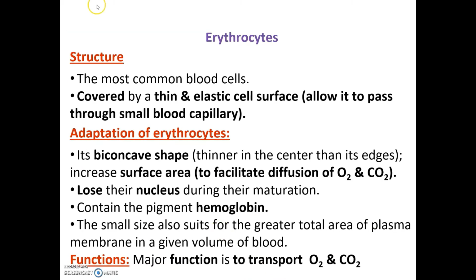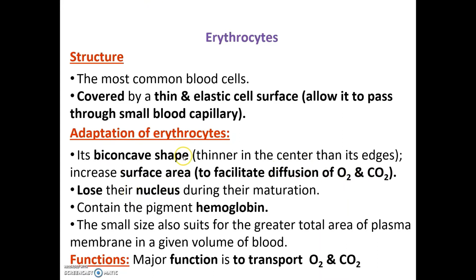Red blood cell is the most common blood cell. It's covered by a thin and elastic cell surface so that it is easier to pass through the small blood capillary, easier to squeeze through. The adaptation of the red blood cell is its biconcave shape, meaning in the center it is thinner than the edge, to increase the surface area to diffuse more oxygen and carbon dioxide.